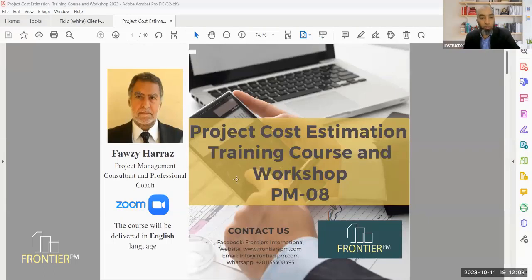I hope you see the shared screen. If you can see it, just comment or raise your hand so I can make sure you see the shared screen. Is anyone here? Fawzi, can you see the shared screen? I'm sharing the PDF. Can anyone hear me, or am I out of connection? It seems there is an issue with Engineer Fawzi. He will join us.